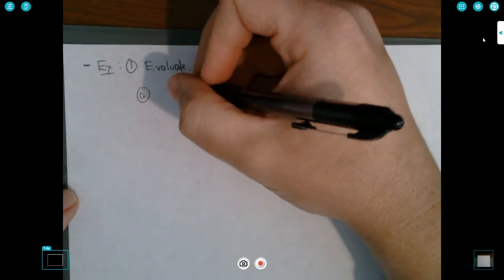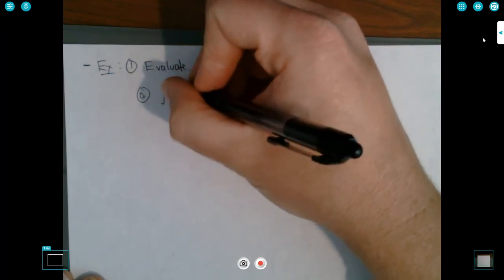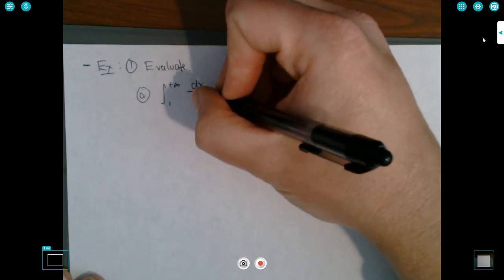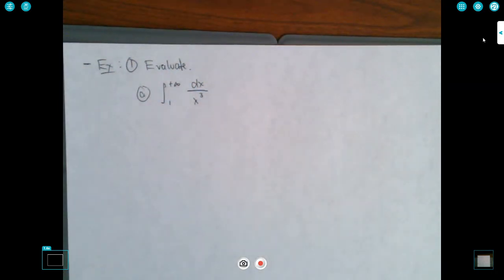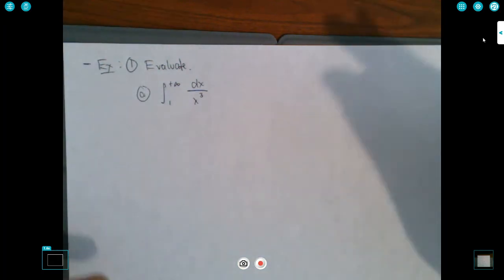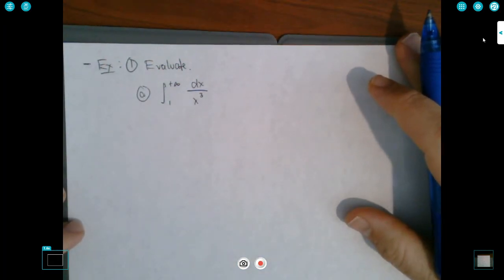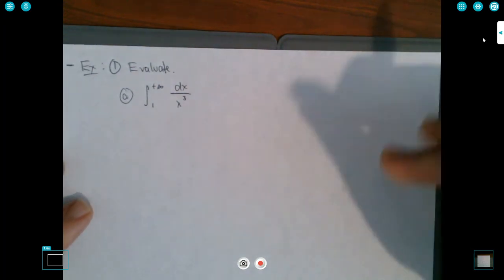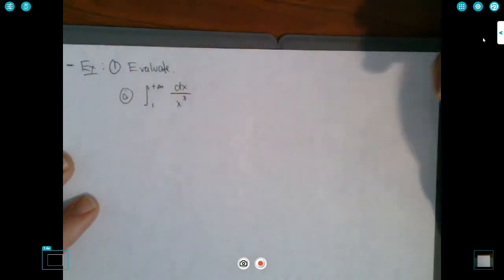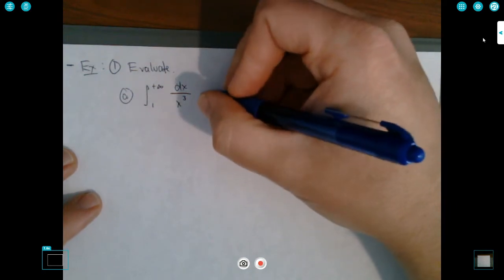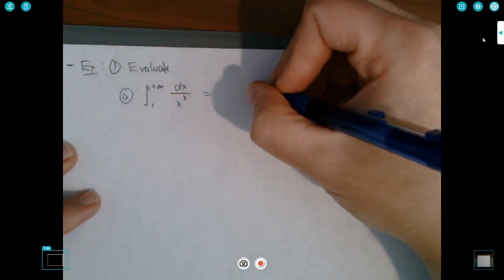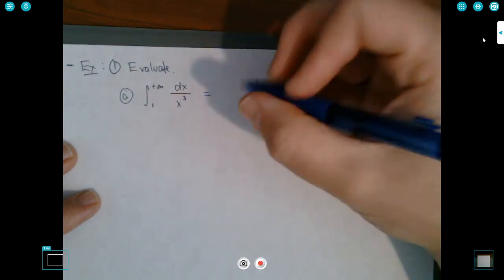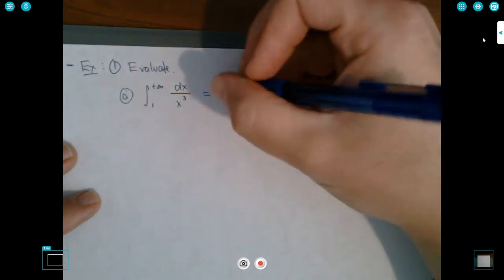So let's evaluate the integral from 1 to positive infinity of dx over x cubed. We're going to take care of this positive infinity in that upper limit of integration by replacing it with just the letter b, where we assume that b is some finite number.